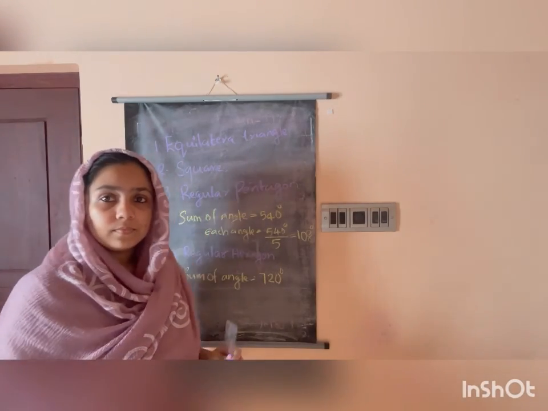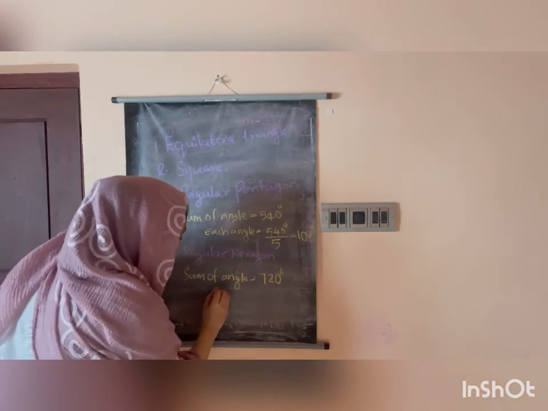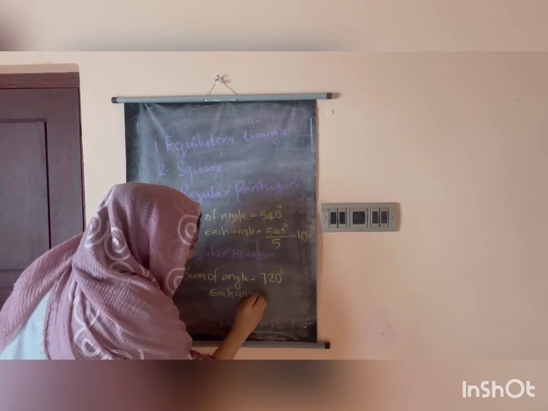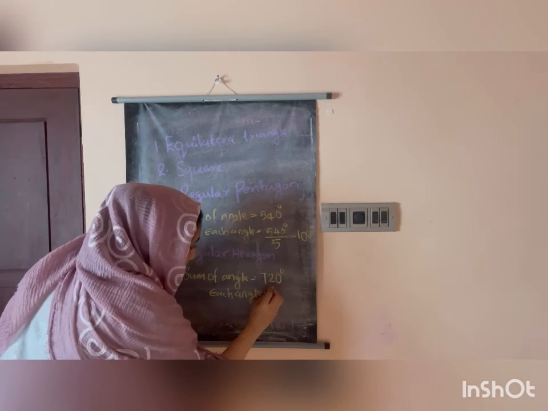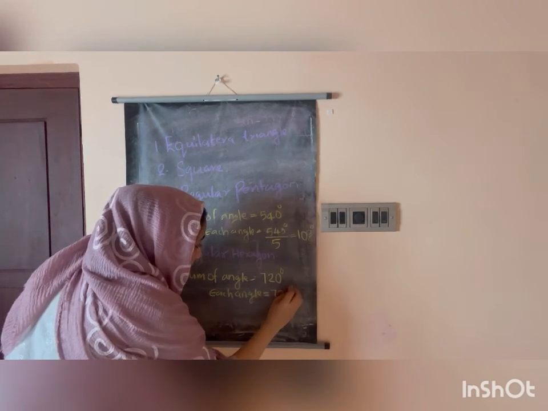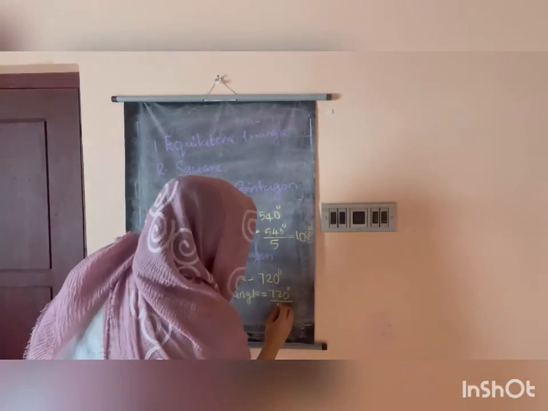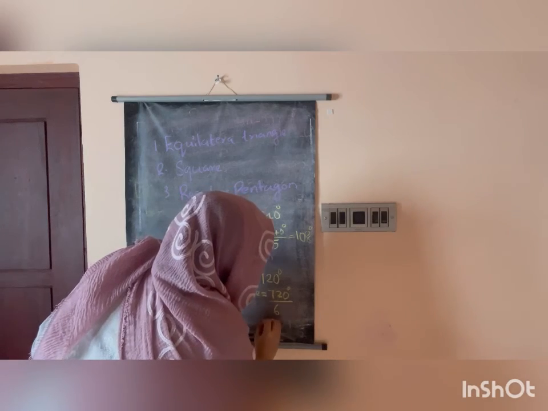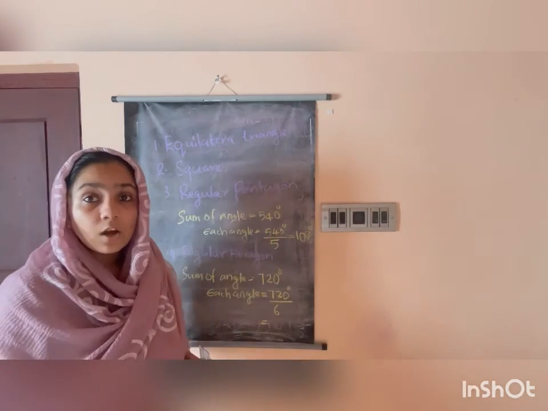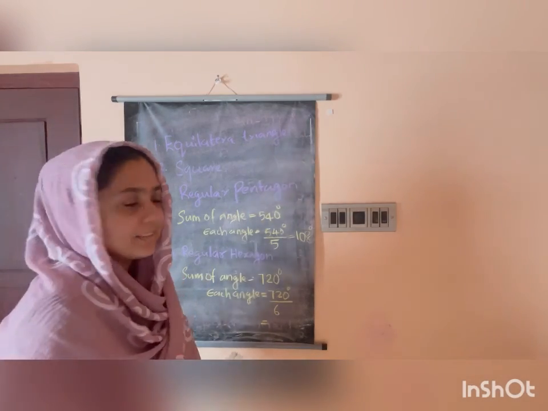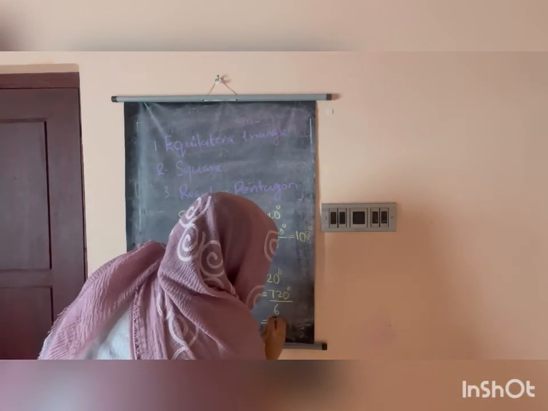Then each angle is 720 by how many sides and angles we have? Yes, 6. How much will we get? Yes, it's 120 degree.